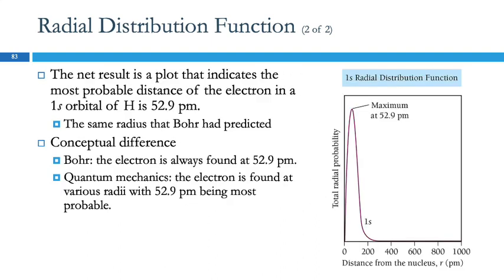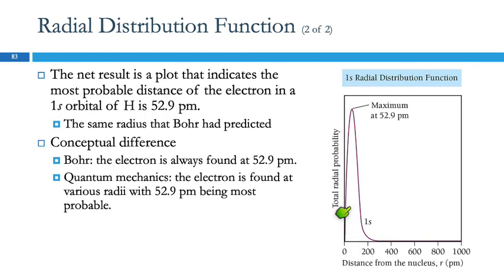So using that way of mathematically determining where this electron might be, we end up with a graph like this. That's called total radial probability. And it is 0 at the nucleus, and then it goes up and back down as you move away from the nucleus.